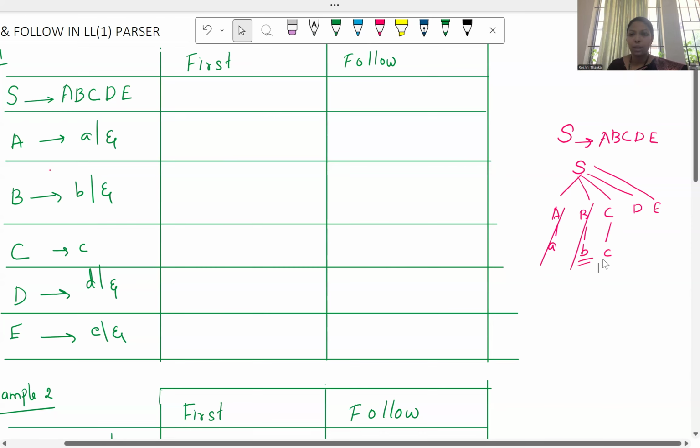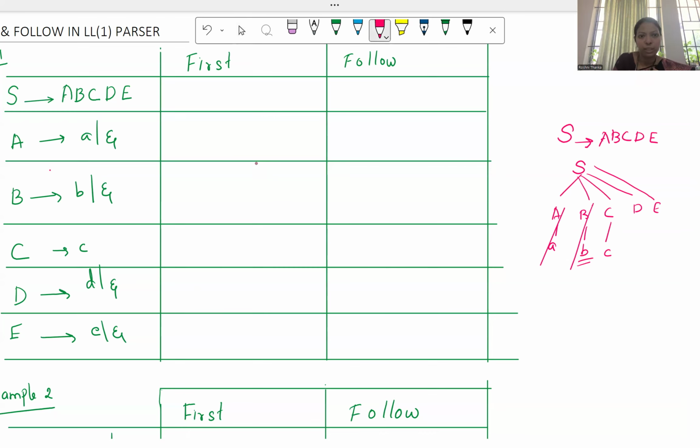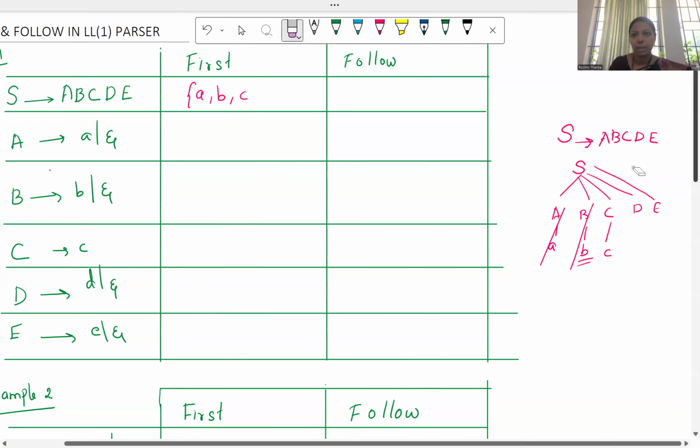I stopped here because for C there is no alternative of epsilon. So it can always be either a or b or c. So First of S is sometimes a, or it can be b, or it can be c. I hope you can understand, right?